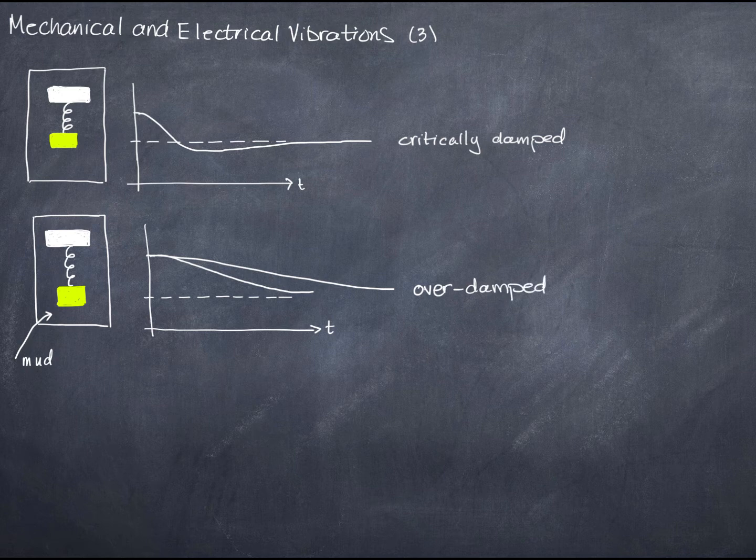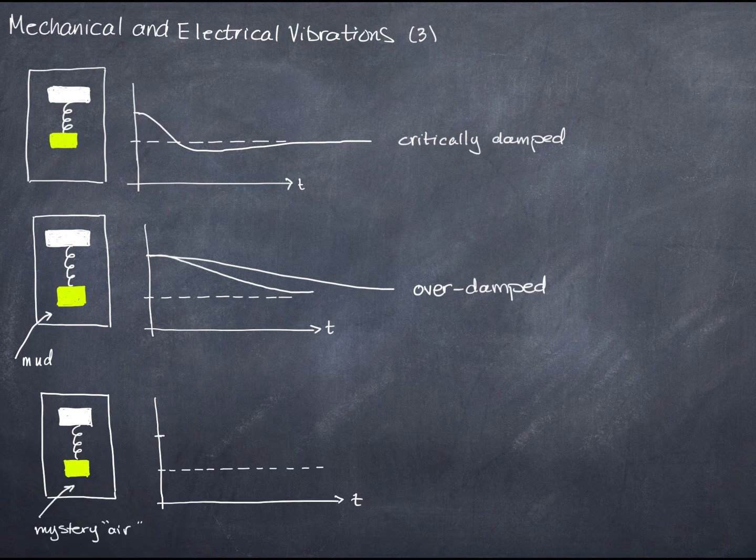All right, we've got one more scenario, and that is the case of the underdamped system. So in the original system, we were critically damped, which meant that whatever was in the cage or the tank with the system was just enough to allow the mass to just slightly overtake equilibrium and then come to rest at equilibrium.